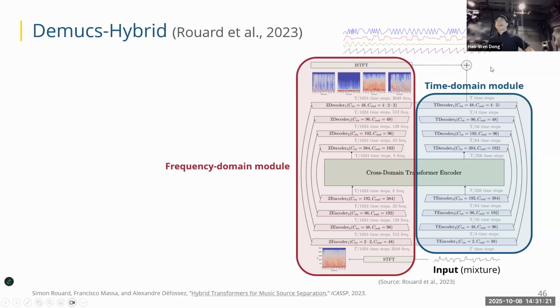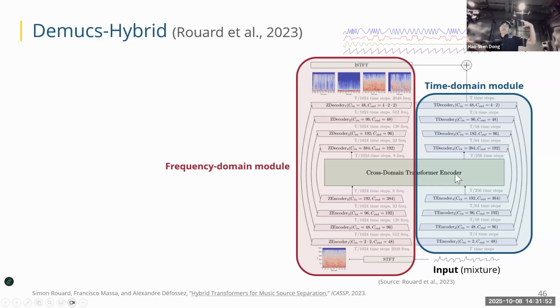We don't want just a frequency domain module because it doesn't have the phase information, so it tends not to be the best. But we also don't want just a time domain module because it's much harder to train. So let's do both; we will have these two streams. One interesting thing is that in the middle, the LSTM is replaced with a transformer encoder.